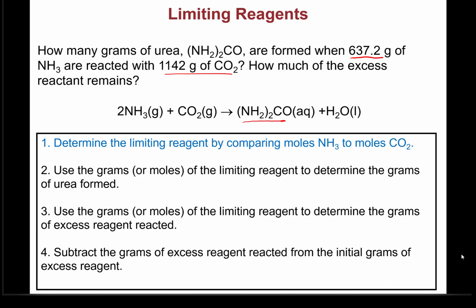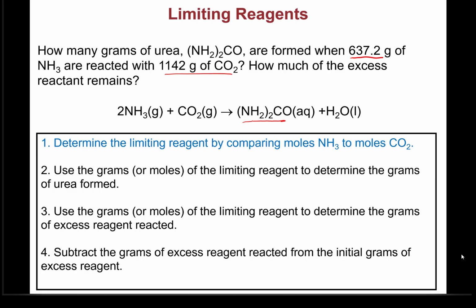So the first step is going to be determining which one of these two substances is the limiting reagent by comparing number of moles of each. But we don't have moles, so a pre-step to that is going to be converting grams of each one of them to moles of each one of them.